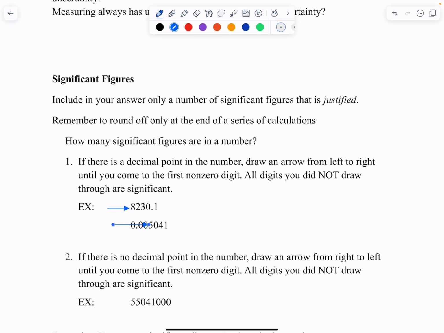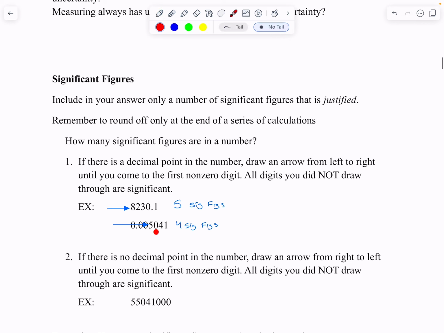In the first one, all of them, 1, 2, 3, 4, all 5 are sig figs. All 5 of them are measured, because you see the decimal, the 0.1's not an accident. Maybe it's 8230.1 meters. Perfect. The next one has 4 sig figs.